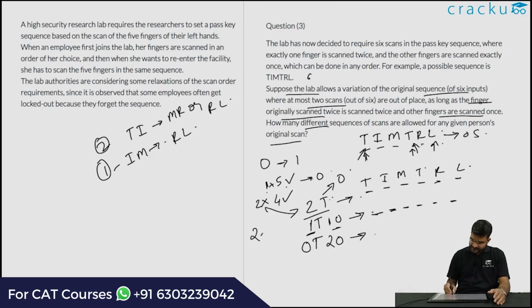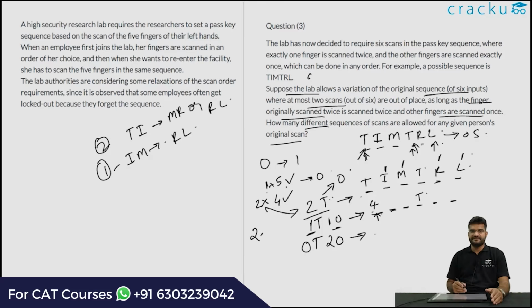So here the fourth finger that is entered has to be the thumb which is correctly in place, and the first finger that is entered should not be thumb. Now the number of ways in which we can select which finger will be scanned first will be 4. That is, it can be either I or M or R or L. So the first blank can be filled in 4 ways.